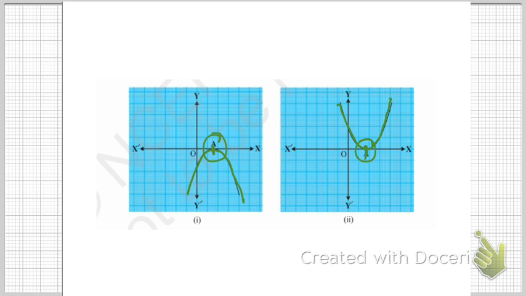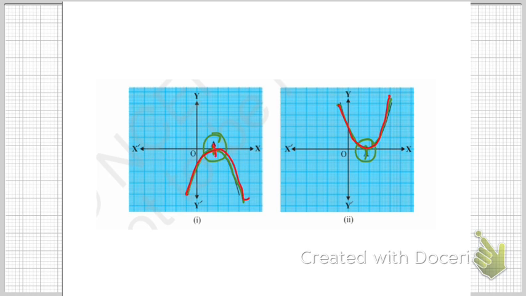So whenever, as I told, you get some parabolic graph, you will get to know that it is a quadratic polynomial only. So since we are getting a parabolic graph over here, we can easily identify that this is a quadratic polynomial.